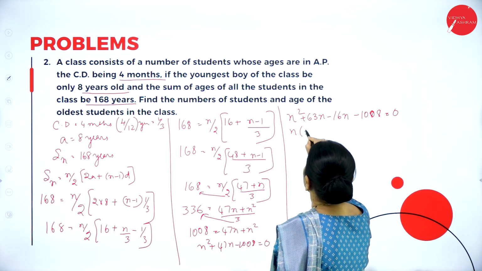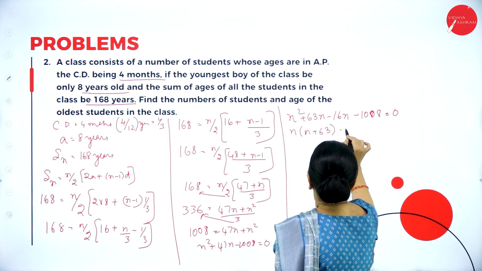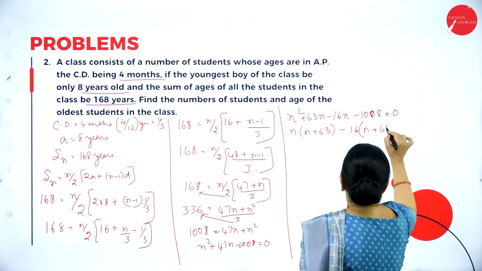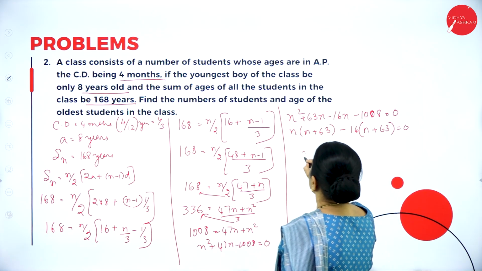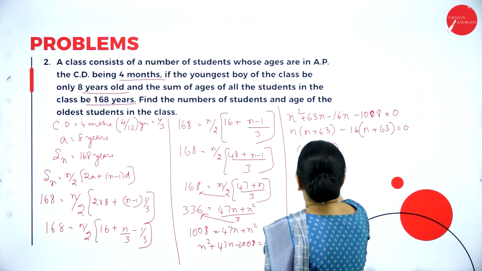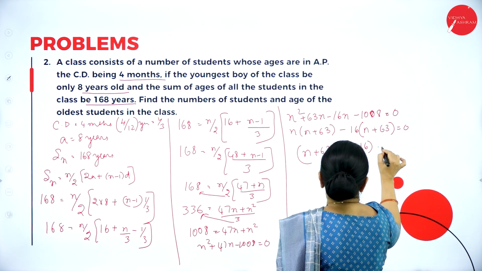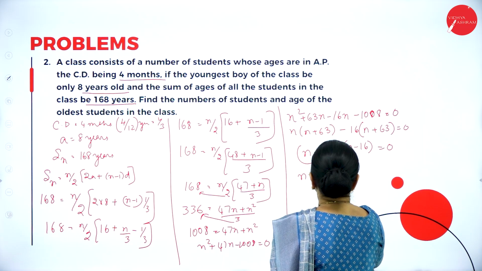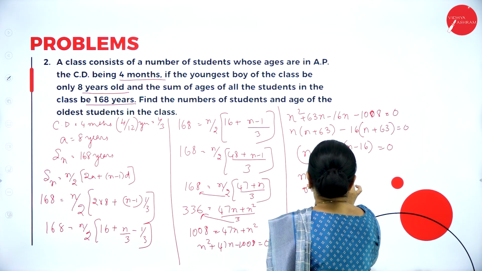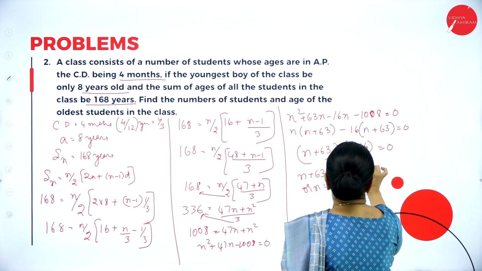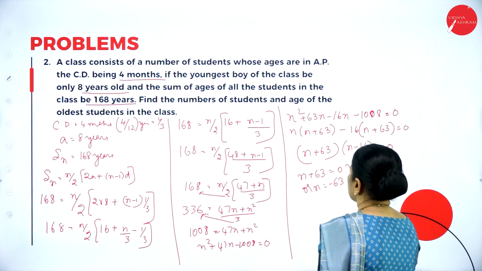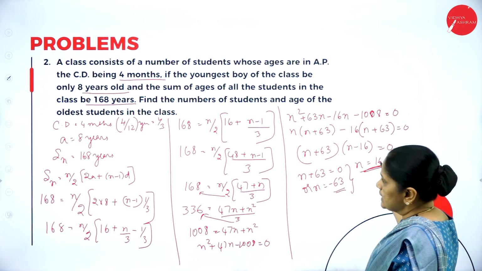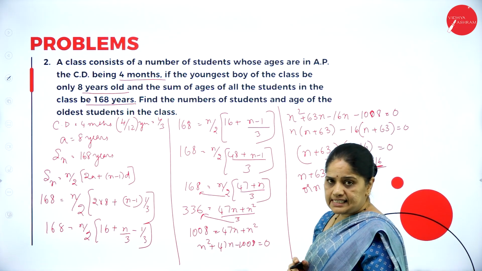So n is common. n plus 63 minus 16 is common. n plus 63 equals 0, or n minus 16 is equal to 0. So n equals minus 63 or n equals 16. Since this is a negative sign, we will not consider it. So n is 16, that is, the number of boys in the class is 16.